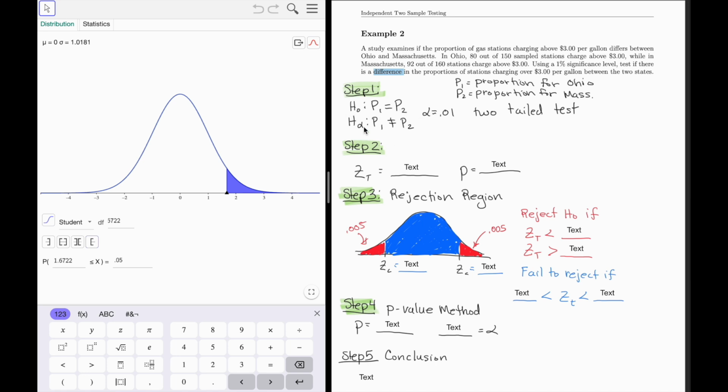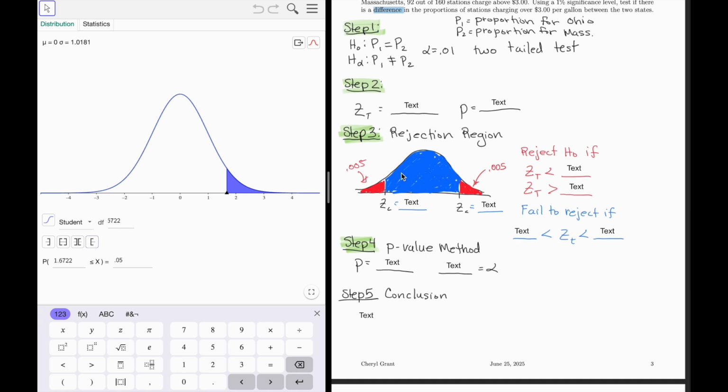But for the alternative hypothesis, what we're testing is to see if the proportions are different. So for that, we're going to set up P1 does not equal P2. And then we're going to state our alpha level, which is 0.01, and the fact that it's a two-tailed test because it's a difference.